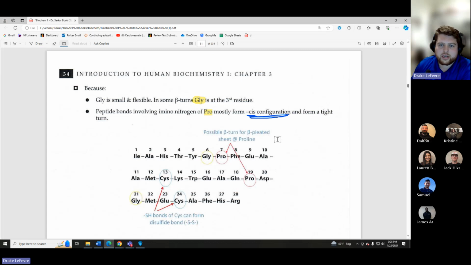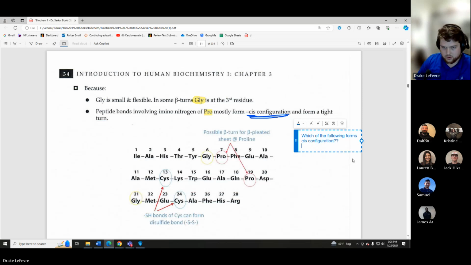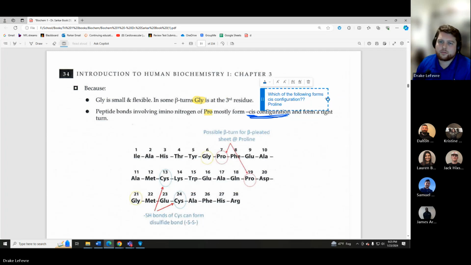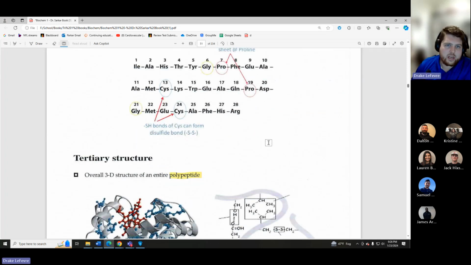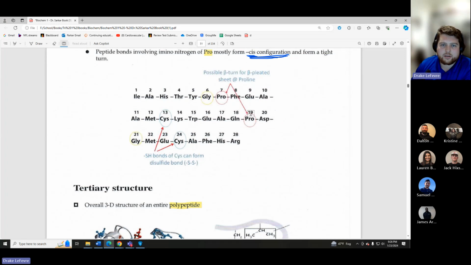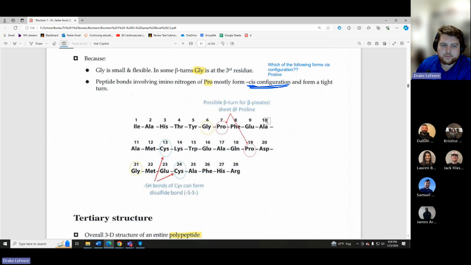So that's potentially another test question: which of the following forms the cis configuration? Proline. That'll be the only one that does that. So whenever you have a glycine and proline together, or even if they're close, it's possible to have a beta turn in the sheets.